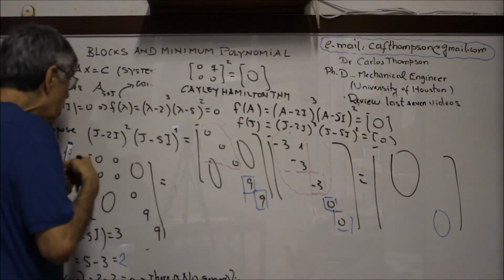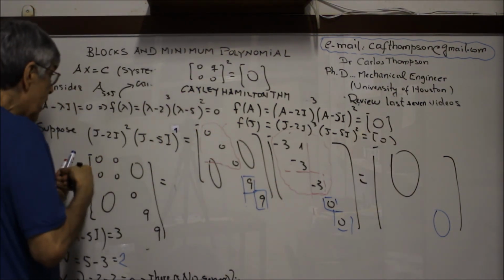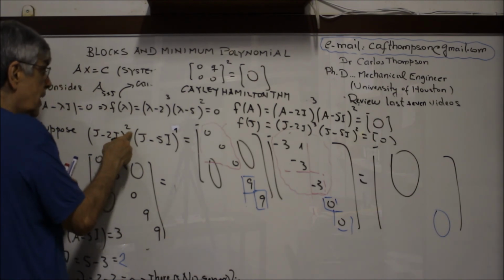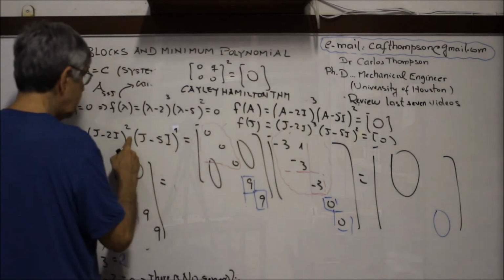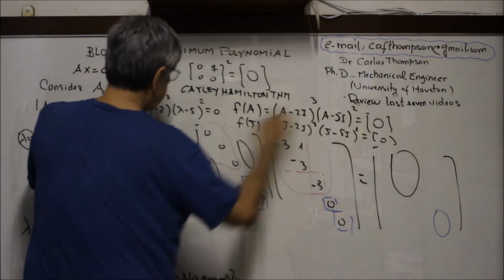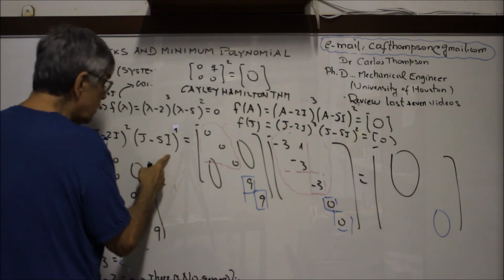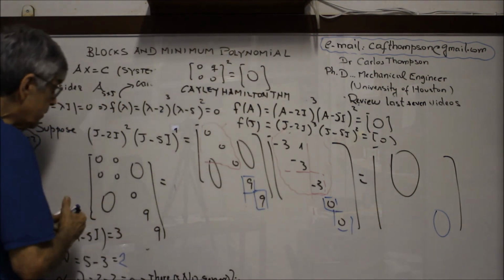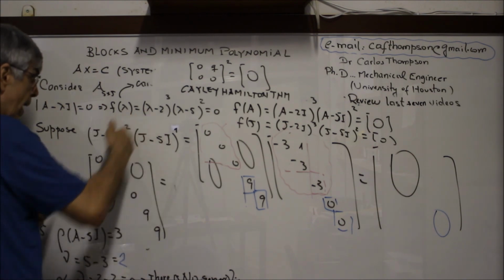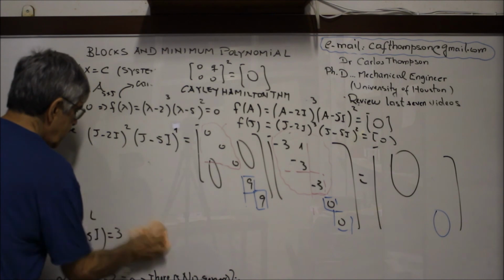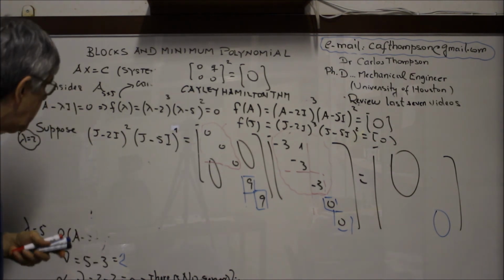Now, we found that there are exponents less than 3 and less than 2 for which this product is 0. Then we can go back and do this.